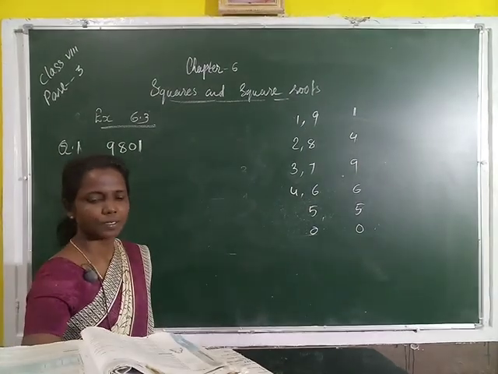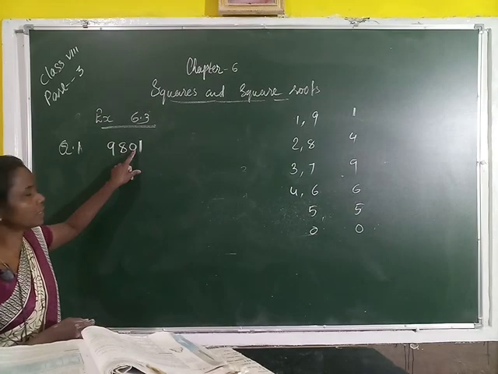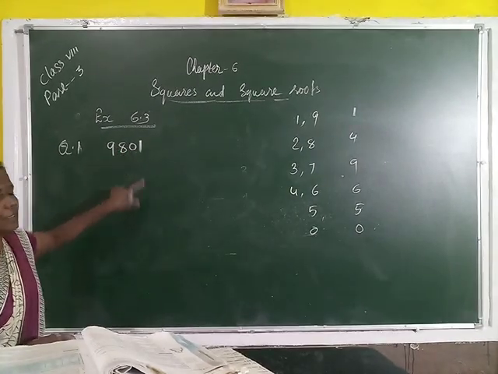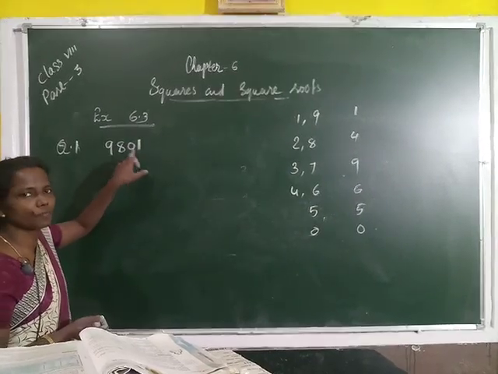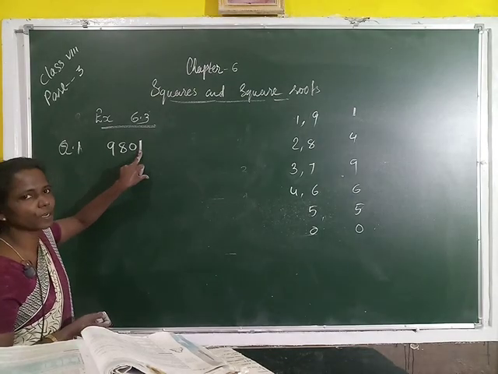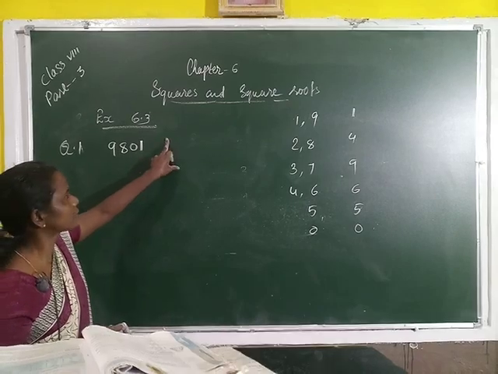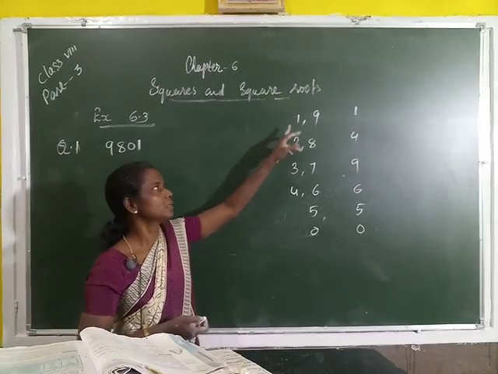Then here look, 9,801. Its unit place is which number? 1. Then square numbers with unit place 1 will come. The unit place of the square root numbers is which number? Here the unit place of the square root is 1 or 9.